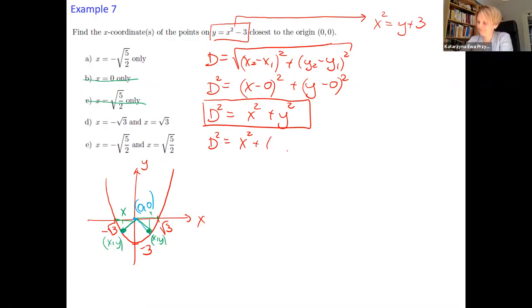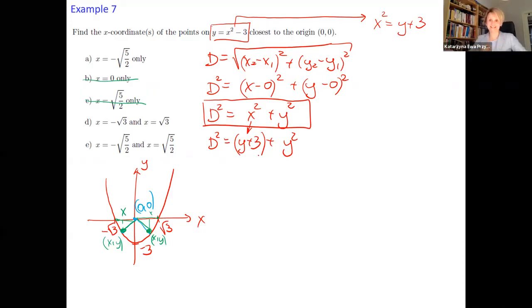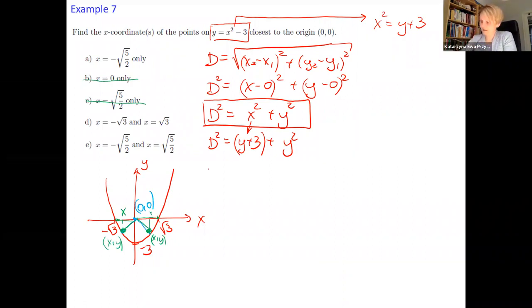Actually, it's easier to rewrite the function in terms of y. x squared is y plus 3, plus y squared. We don't have to square it because that's already the x squared. Looks like a good function. Let's put it in order: d squared, this is just the name, equals y squared plus y plus 3.